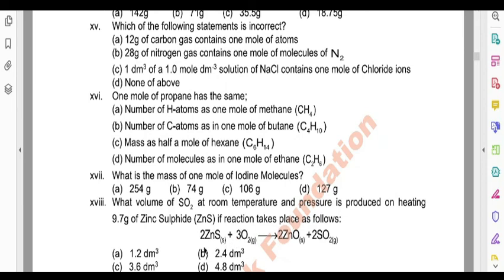So from the balanced chemical equation, you can see that 2 moles of zinc sulfide will produce 2 moles of sulfur dioxide. So first we have to convert 9.7 grams of zinc sulfide into the number of moles.